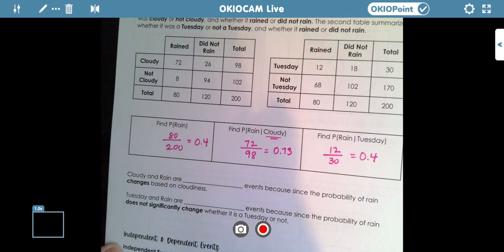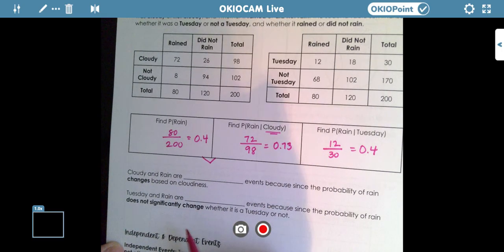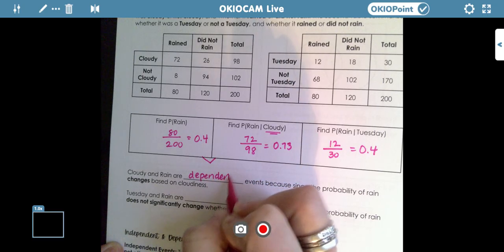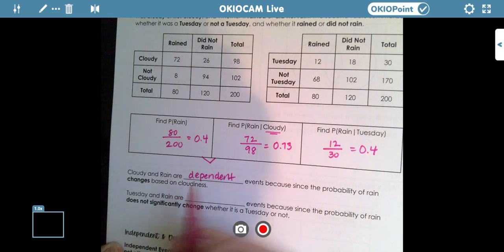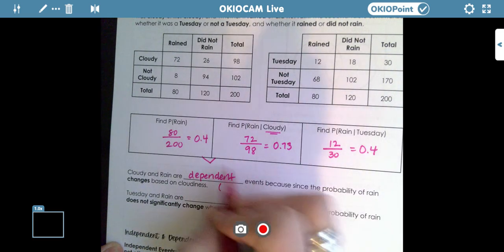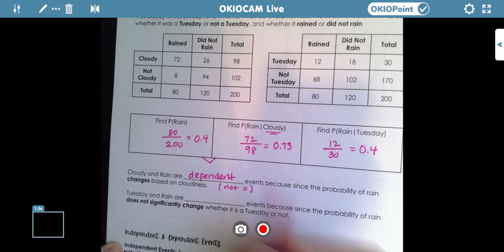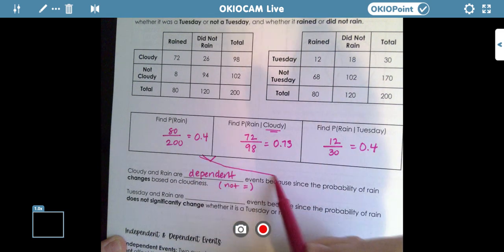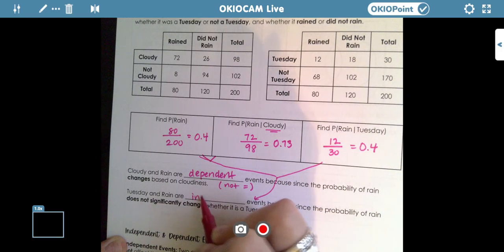So we can see that cloudy and rain are dependent, since the probability of rain changes based on the cloudiness. That means these two comparisons, 0.4 and 0.73, are not equal.